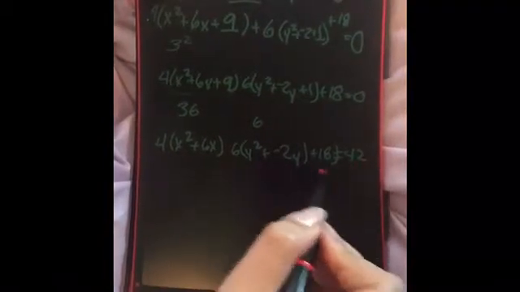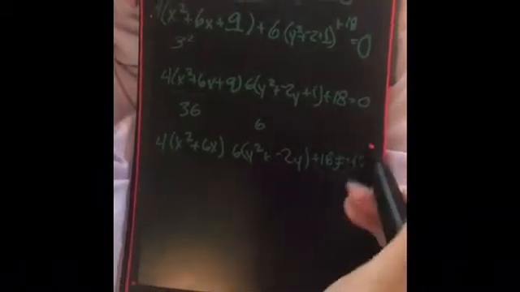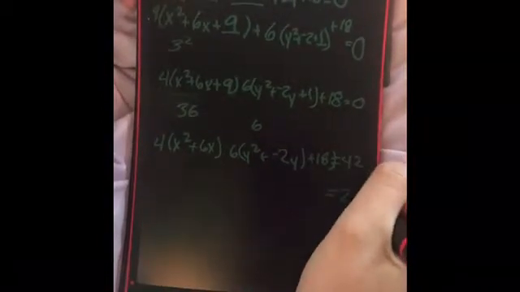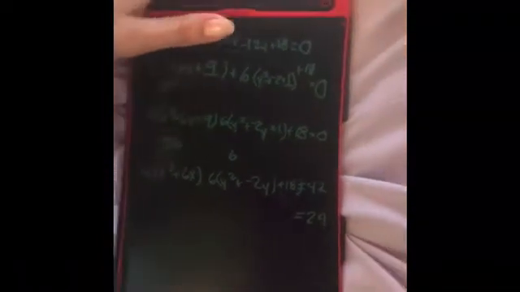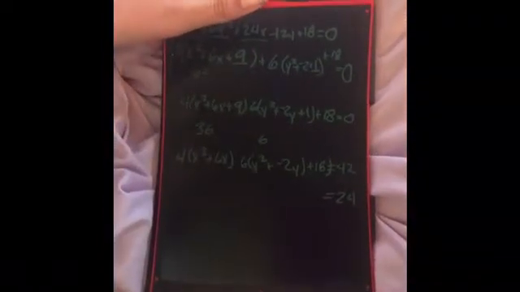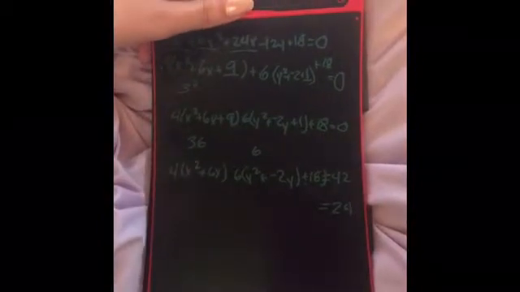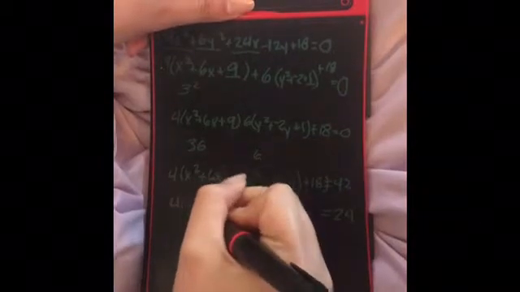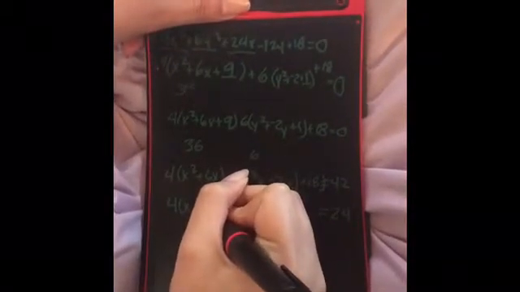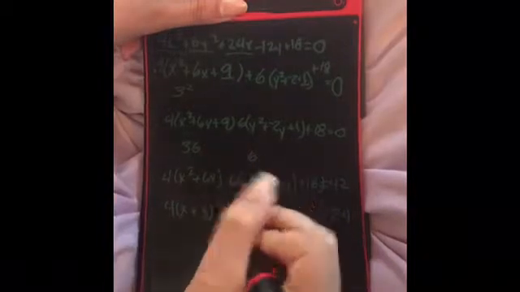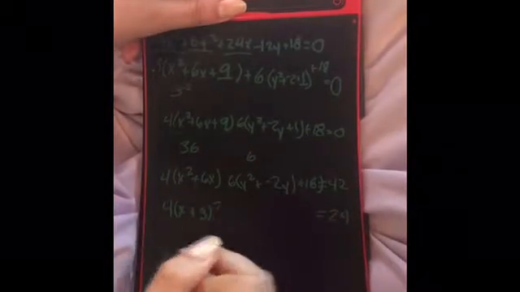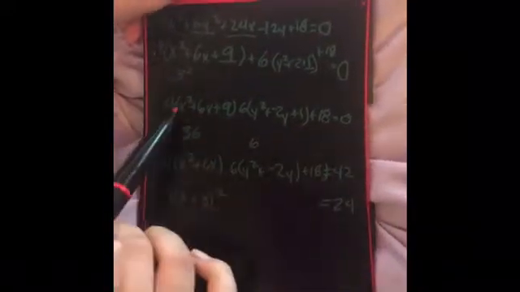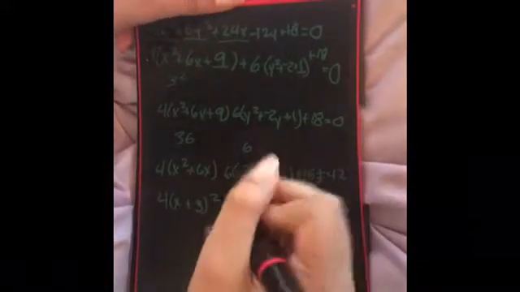So we're just going to hop right into this and skip ahead a little bit. 42 minus 18 equals 24. So our next thing is going to equal 24. Now that we have all of that, we are able to factor these. So we have 4, then we're going to put x plus 3 squared, with our 12, and that's all going to factor out to our original 4x squared plus 6x.